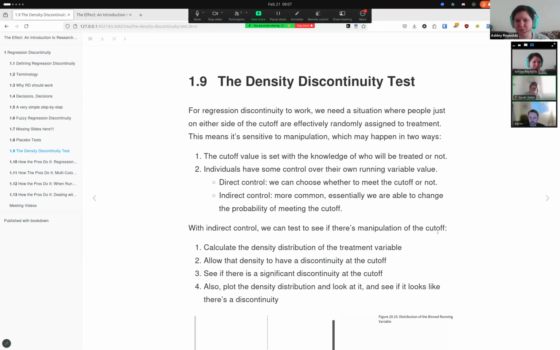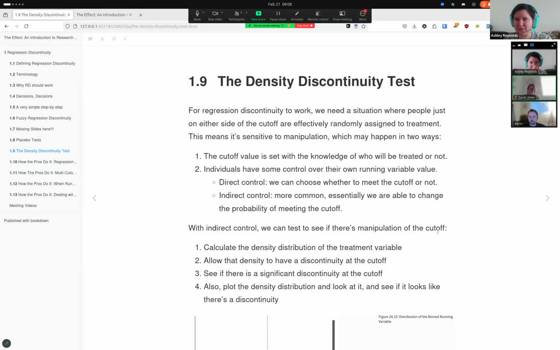The other option is that individuals might have indirect control, and this is much more common. My understanding of indirect control is that essentially the individuals are able to change the probability of meeting the cutoff by running extra hard to meet a specific time in track and field, or essentially pushing themselves or changing their circumstances ever so slightly in a way that doesn't guarantee that they meet the cutoff, but changes their ability to meet it.